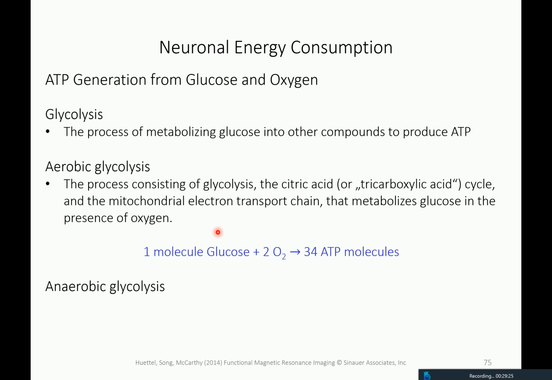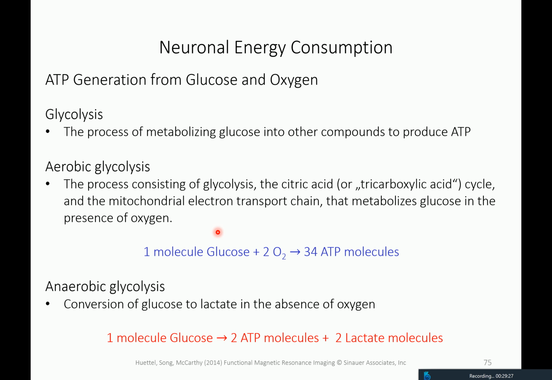There is also anaerobic glycolysis, which is less efficient, but also quite quick, which converts glucose to lactate in the absence of oxygen. So if you run out of oxygen, you can still create energy from glucose, a little bit less efficient, and you get an increase of lactate.